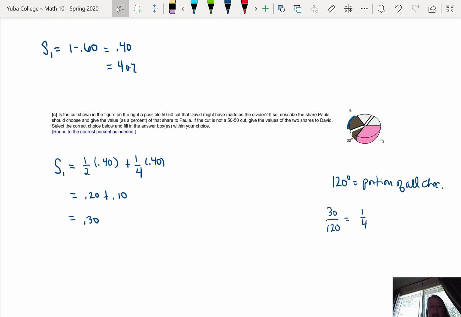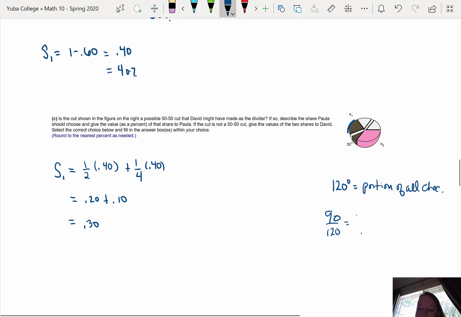Okay, so I know I did something wrong. That 30% is not with the S of 1. So it's 120 minus 30, so it should have been 90 degrees here of the chocolate. 90 out of 120, which reduces to 3/4.